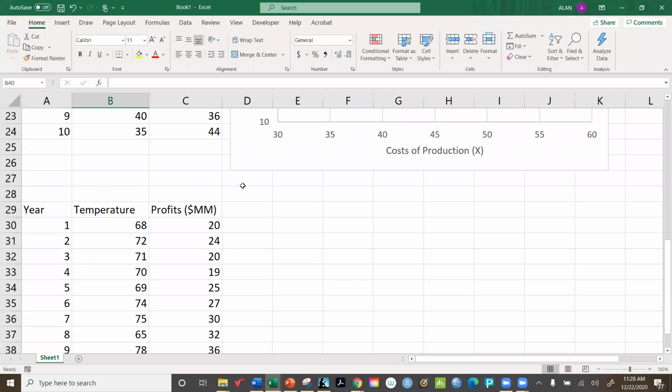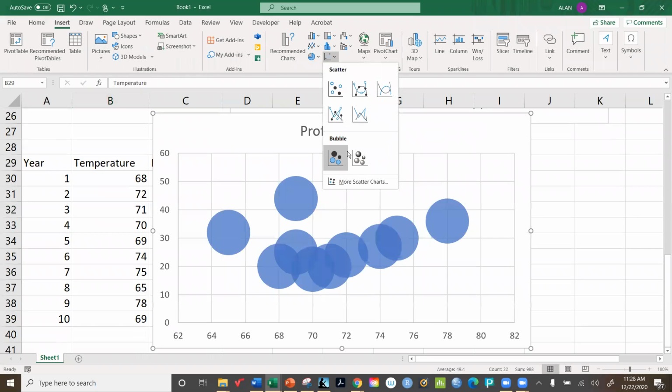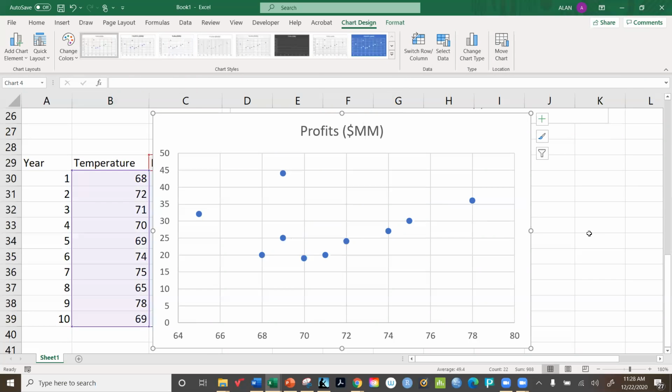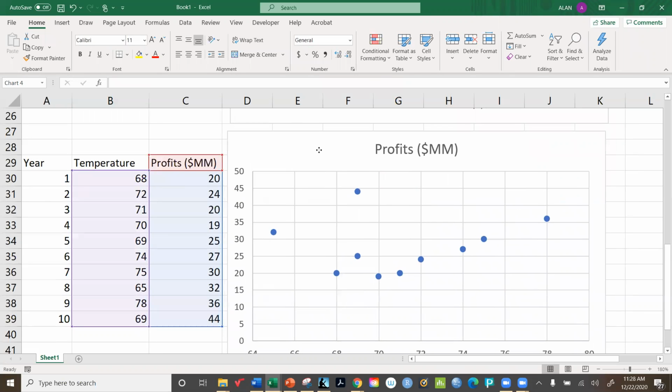Okay, I hope I've chosen them wisely. Let's see what this thing looks like. Okay, so the idea here is it's supposed to look sort of randomly scattered around.